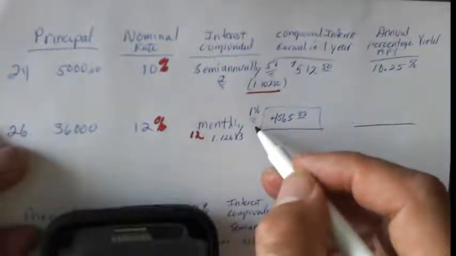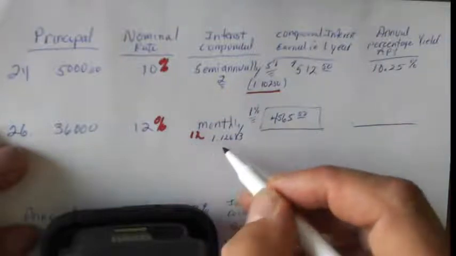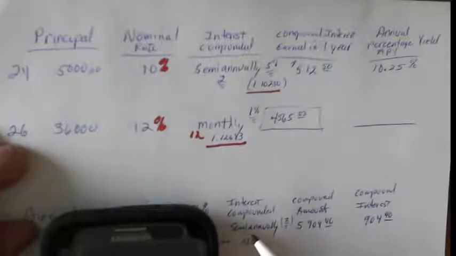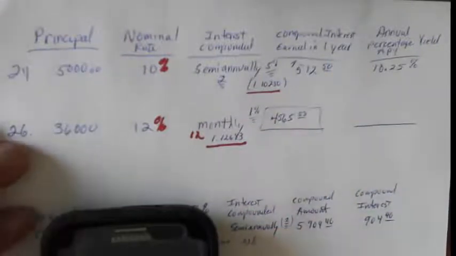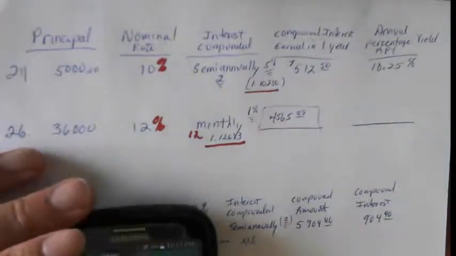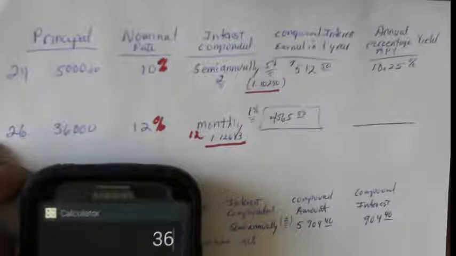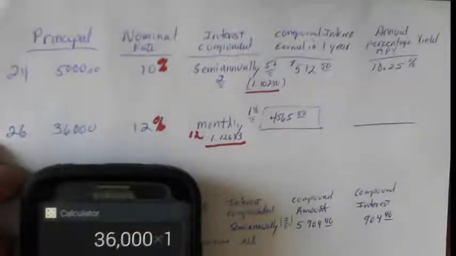So you would have 12 periods, 1%. So the table amount is going to be that. So then we would times that by, wish this didn't go to sleep quite as fast here. So we would have then our 3,600 times 1.12683.